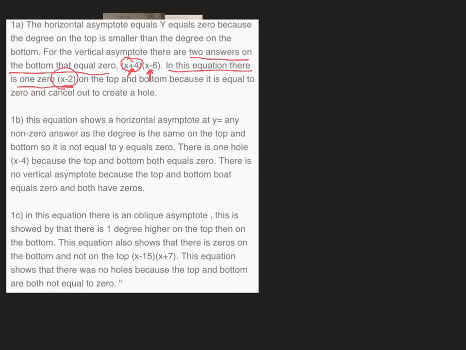Well, x minus 2 isn't a 0 at all. A 0 is a value of x that makes the function equal 0.